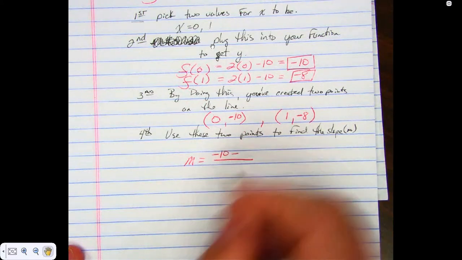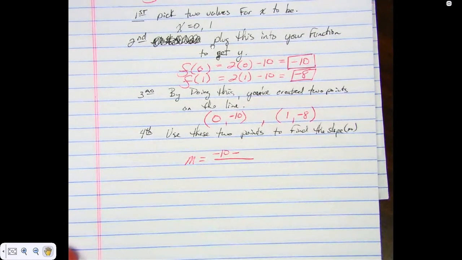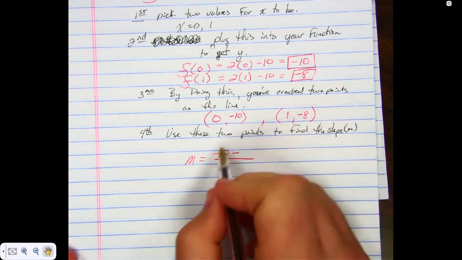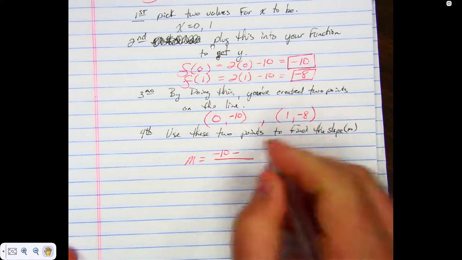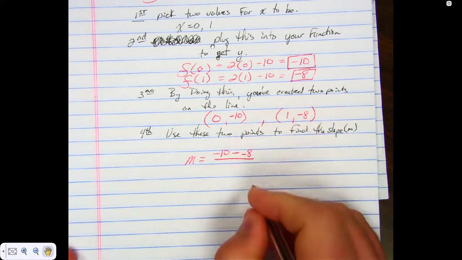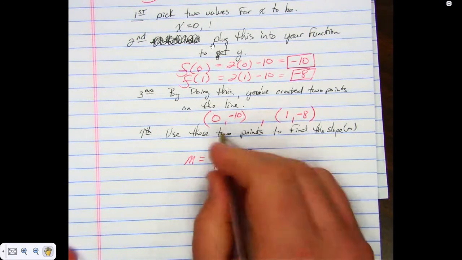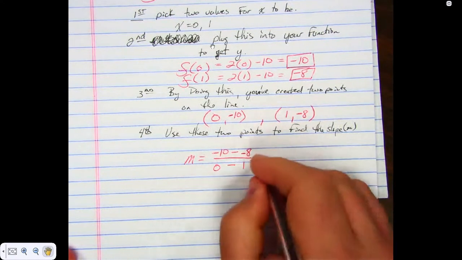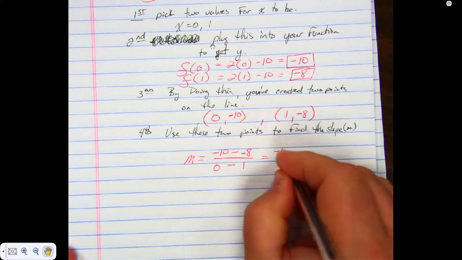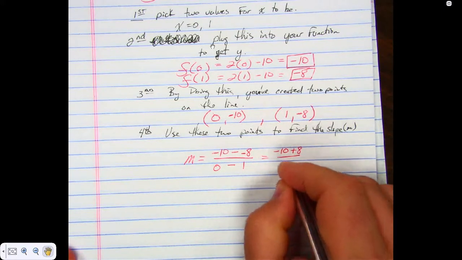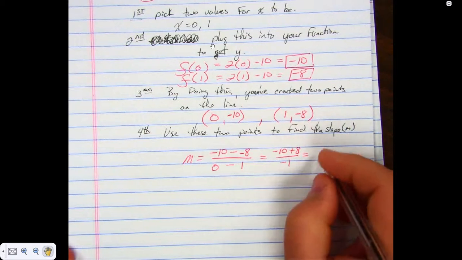Negative 10 minus, and this is something to pay attention to. Pencils down, everybody look. I subtract my y's, right? So it's negative 10 minus, what is my y? Negative 8 over 0 minus what? What happens here? This becomes negative 10 what? Plus 8 over a negative 1. What does this become?